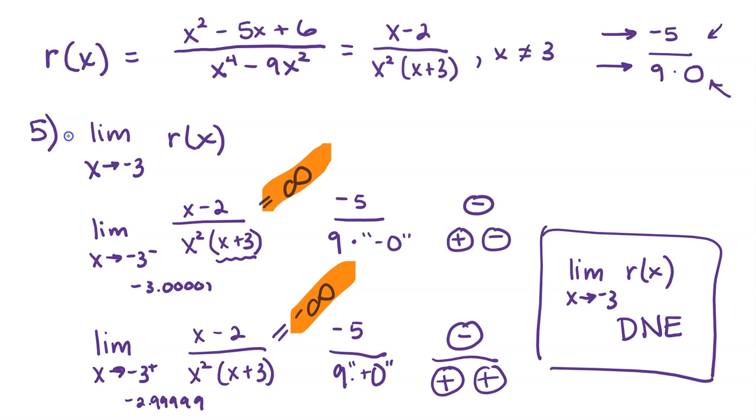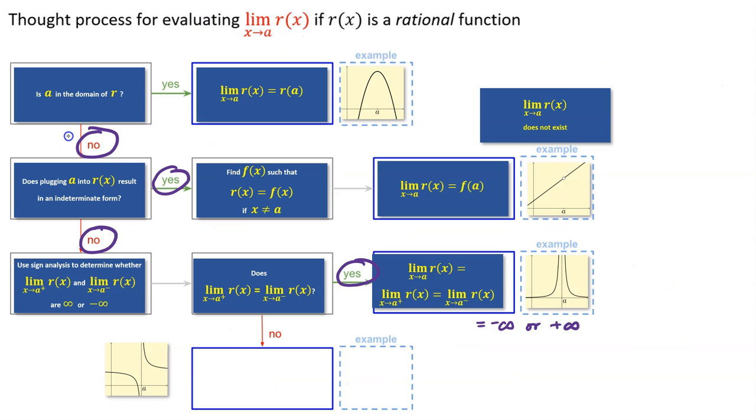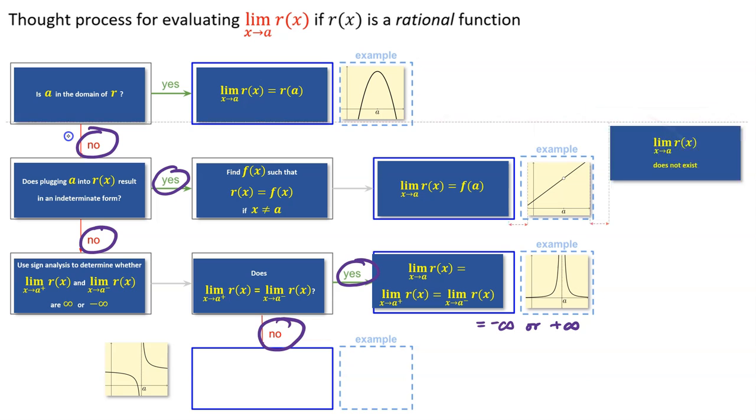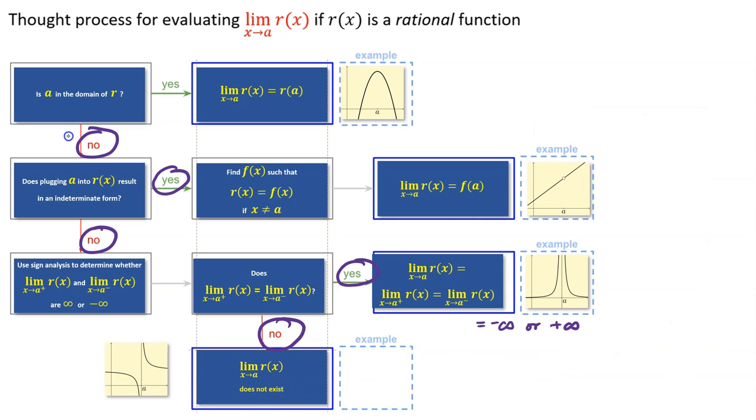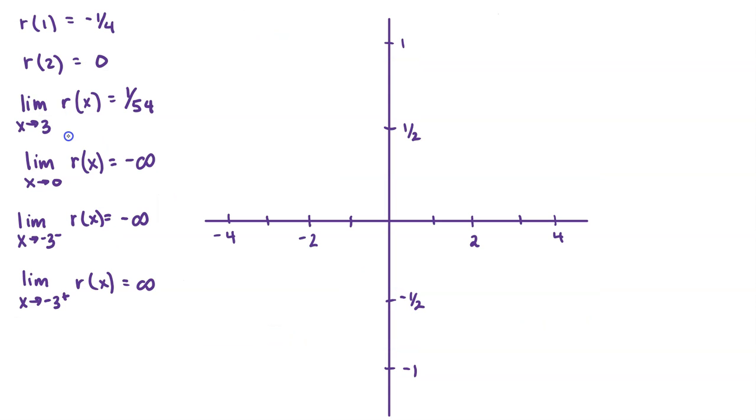And we can finish out then our flow chart with this place where the two one-sided limits are not equal, and so we just say the two-sided limit doesn't exist. It's an example of that. We see positive infinity on one side and negative infinity on the other. So there we've got everything that can happen as we evaluate a limit as x approaches a finite value a if r is a rational function. We've looked at all the possibilities.